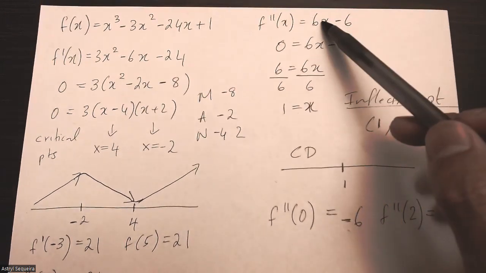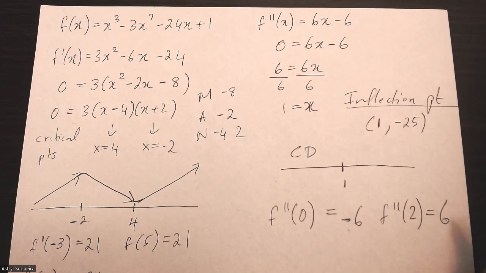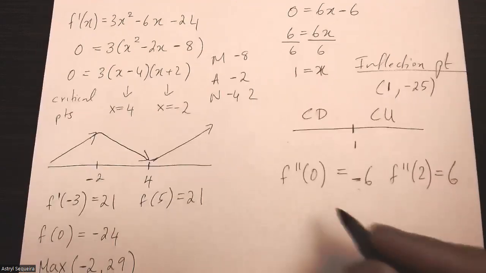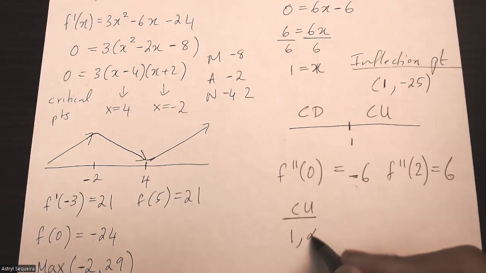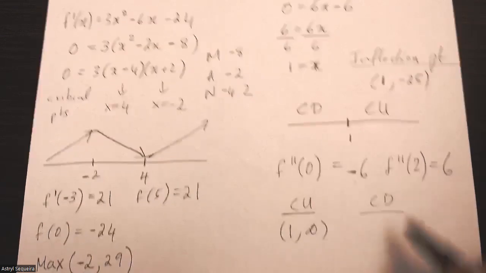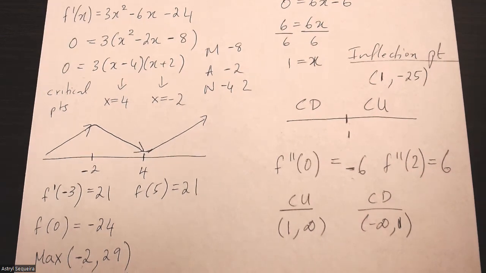If I sub in 2 in this equation, I'll get 12 minus 6, which is positive 6. Positive value means you're concave up. So my interval of concave up is just from 1 to infinity, and my interval of concave down is just from negative infinity to positive 1.